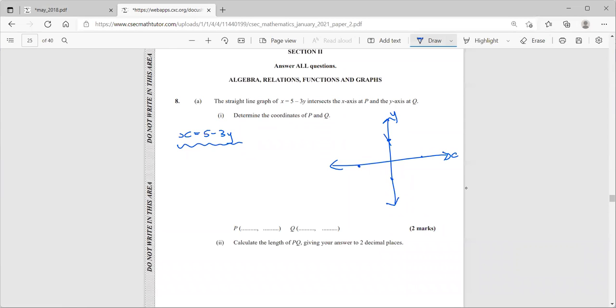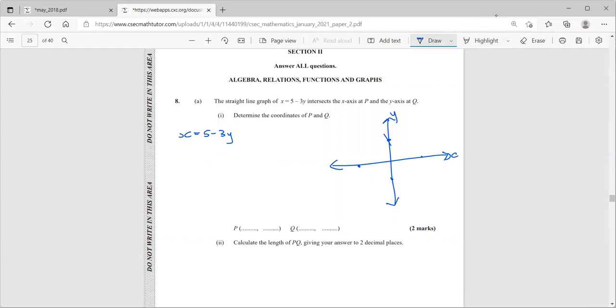How do I find the gradient and the y-intercept from this function without doing anything, without plotting? There's a format you could put your line in that you could easily identify what is the gradient and what is the y-intercept.